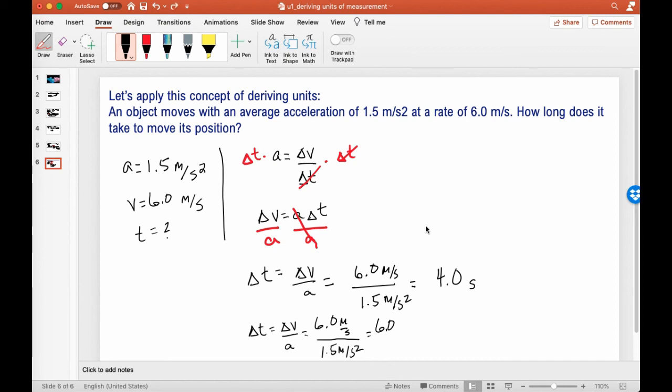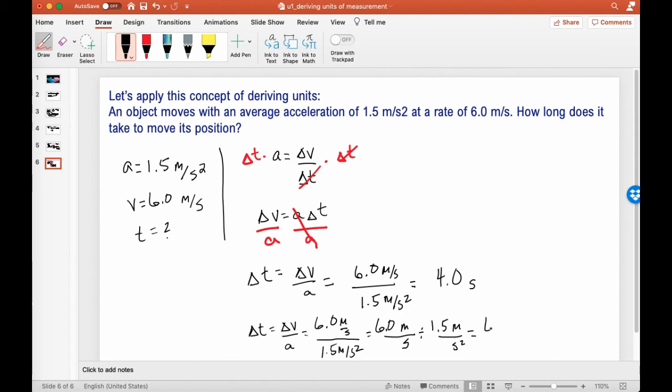Sometimes I write too quickly, so I'll try to slow myself down. 6 meters per second divided by 1.5 meters per second squared. Now there is our division line.